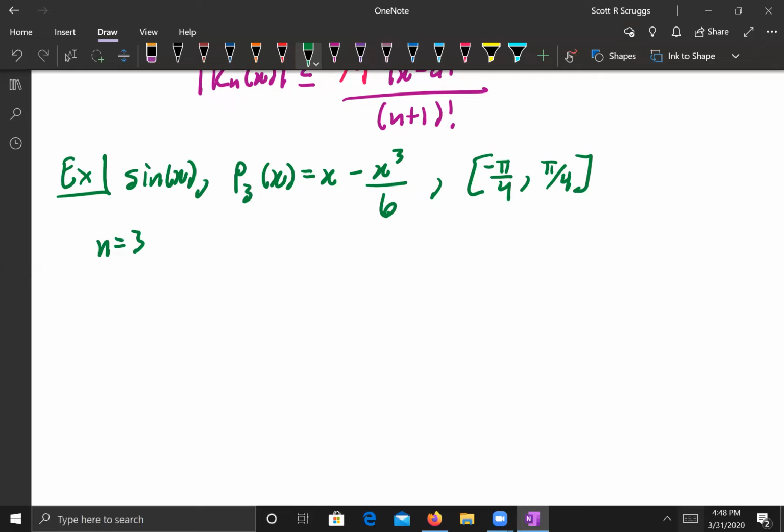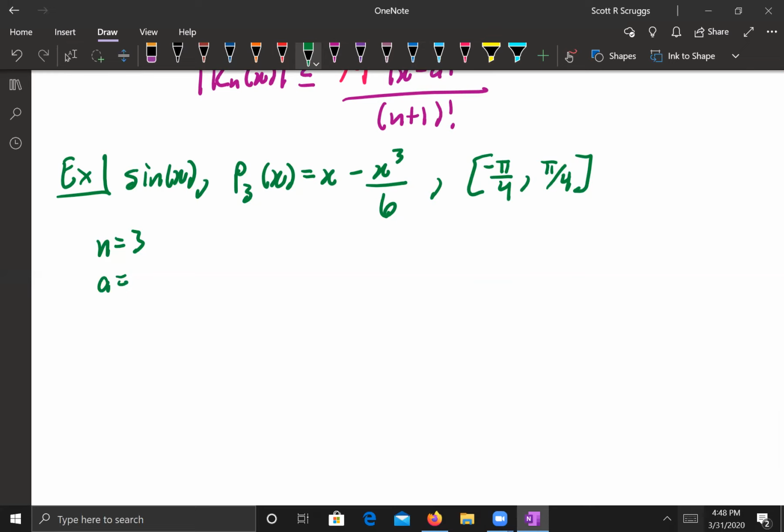I also know that a, yeah, that's good. Now I'm working in the interval negative pi over 4 to pi over 4.